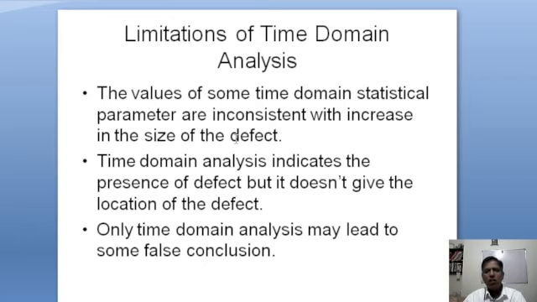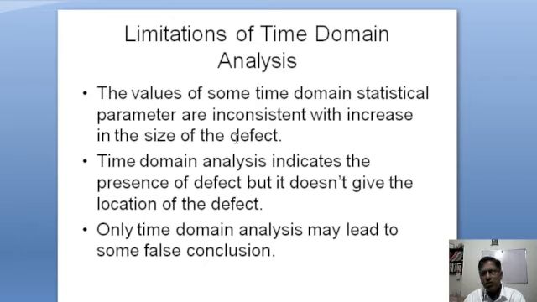So to find out the exact cause of the problem, the doctor would suggest a number of tests, and from the analysis of those tests, the doctor comes to a conclusion that the fault lies in such and such part. In the same way, the time domain analysis only indicates the presence of fault in the machine, but it doesn't give the exact location of the fault.